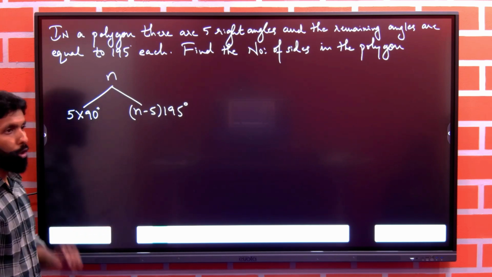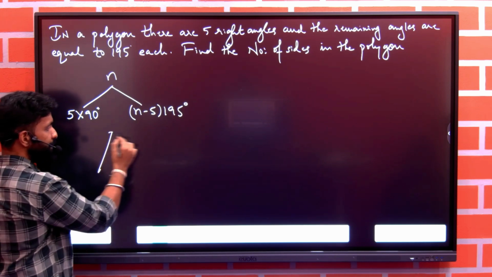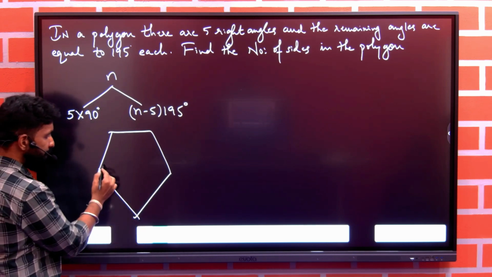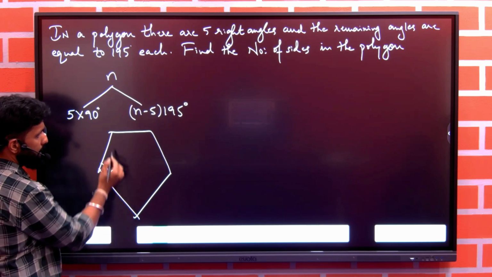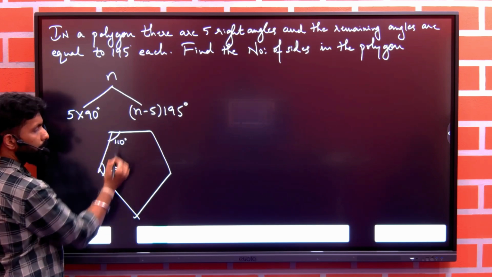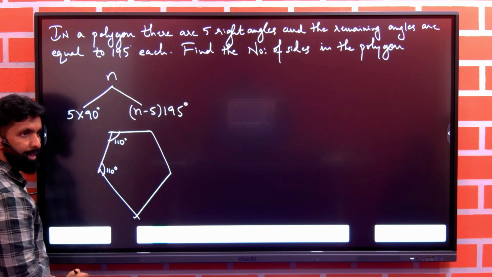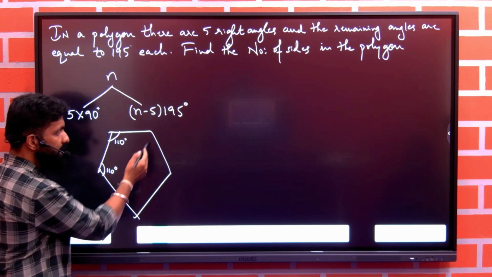If you're not understanding whatever is happening in this question, please concentrate here. If I take a 5-sided figure, and two angles are, let us say, 110 and 110, then out of 5 angles, 2 angles are 110, right? How many angles are remaining? 3 angles are remaining.